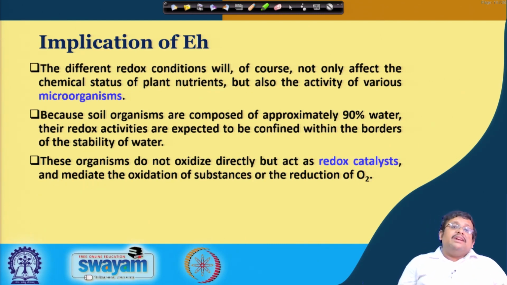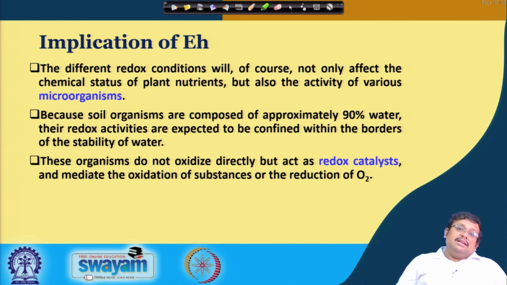Now, the different redox conditions will of course affect not only the chemical status of the plant nutrients, but also the activity of the various microorganisms. Because soil organisms are composed of approximately 90% water, their redox activities are expected to be confined within the borders of the stability of water.